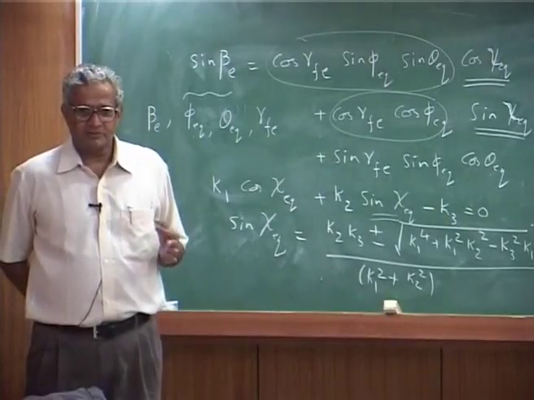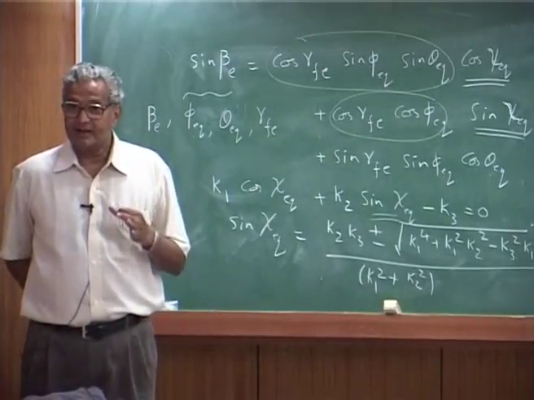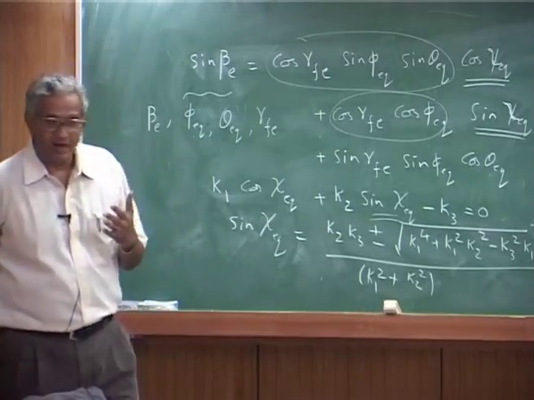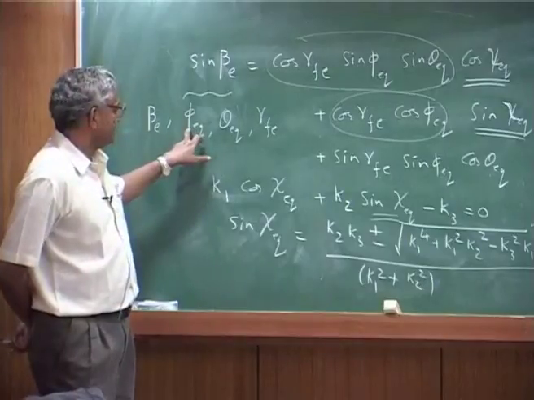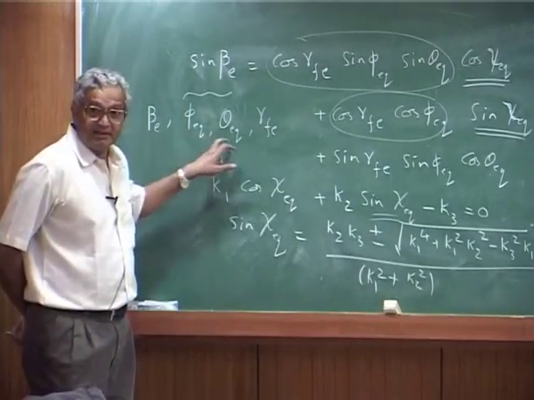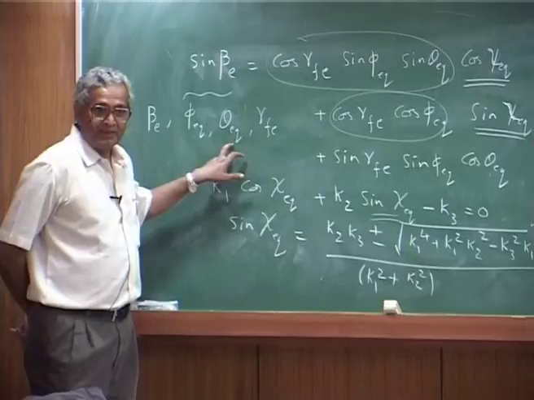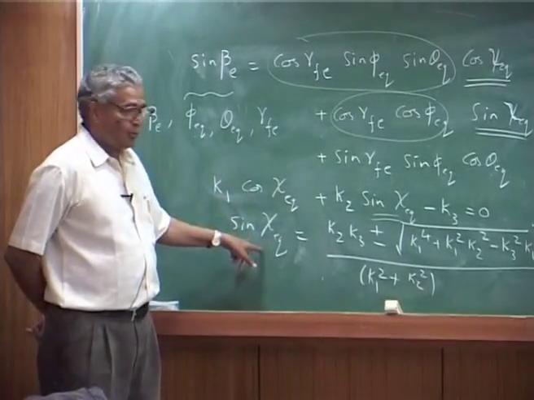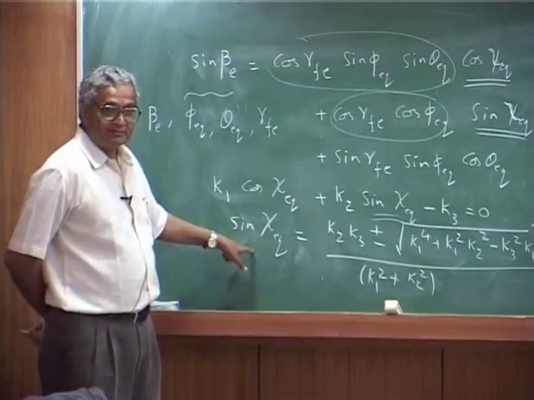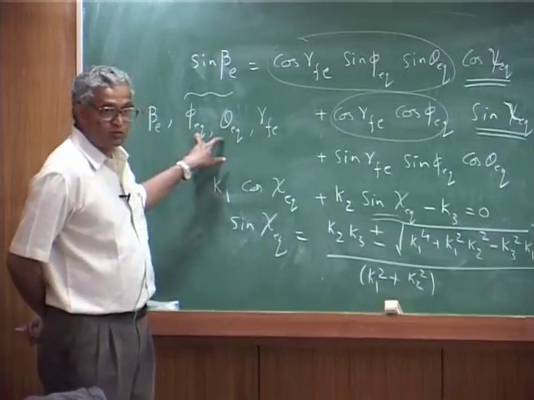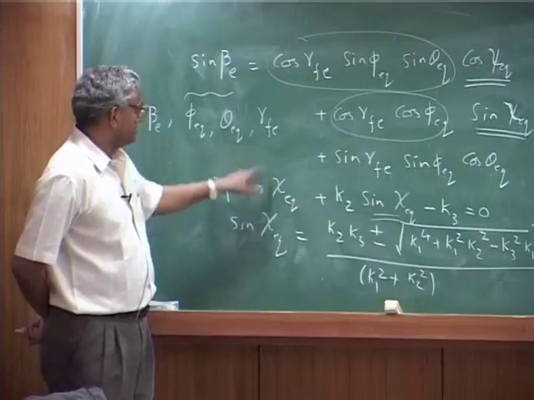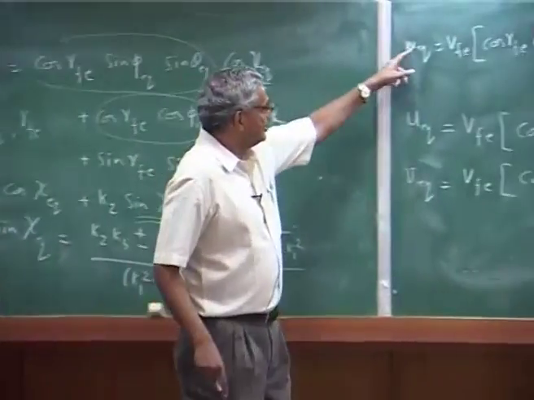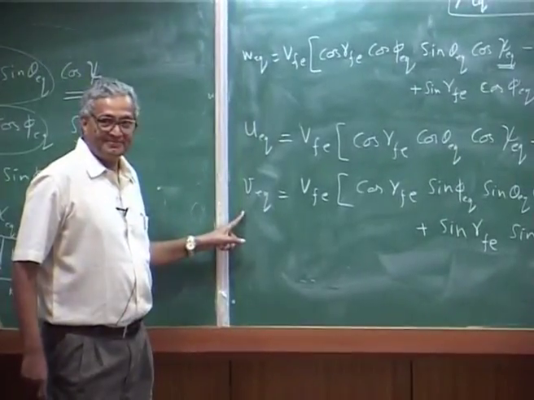First thing is I must go and get the track angle. How do I get track angle? First I assume the orientation of the helicopter. You assume, then you get the track angle. Once you get the track angle, you have already assumed these two. Track angle you know, gamma Fe you know, you can immediately get UE, VE, WE.